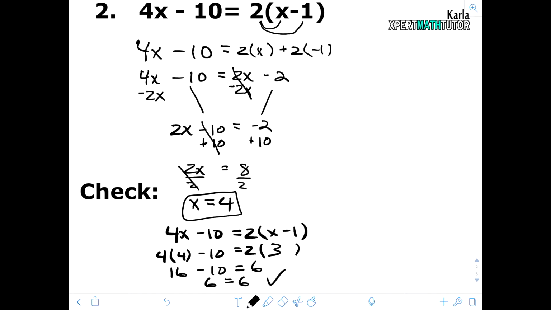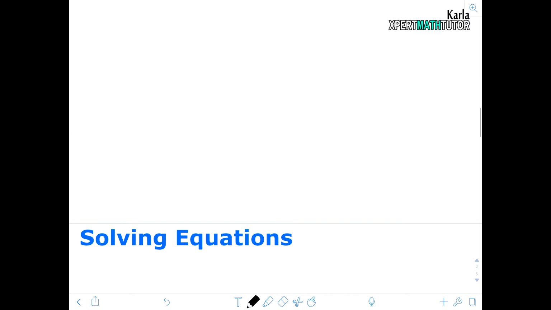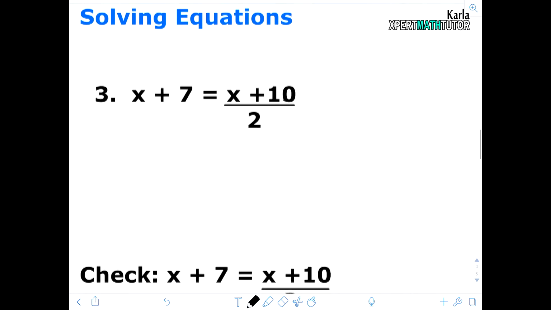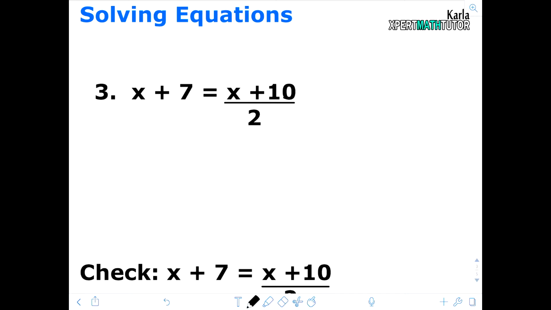Let's try one more example. X plus 7 equals x plus 10 divided by 2. So in this equation now I'm seeing fractions. Oh boy, fractions. What must we do? If I take x plus 10 divided by 2, that fraction, and I multiply it by 2, which is the same thing as 2 over 1, okay?